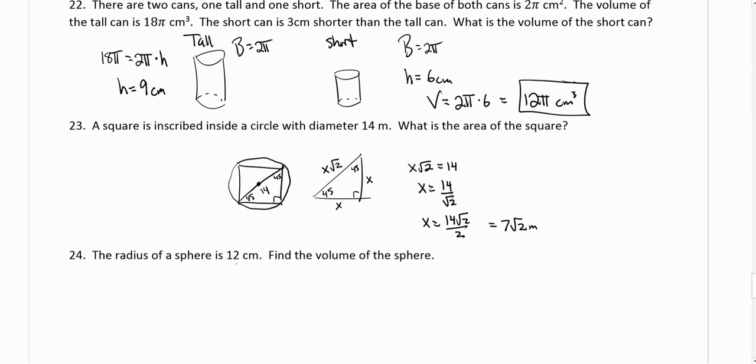And so for the square, we have a 7 root 2 by 7 root 2. So the area is 7 root 2 times 7 root 2, which is going to be 7 times 7 is 49. Square root of 2 times square root of 2 is 2. So 98 square meters.